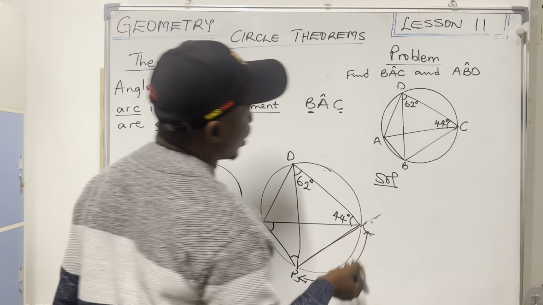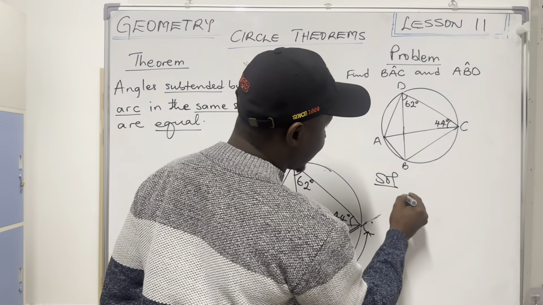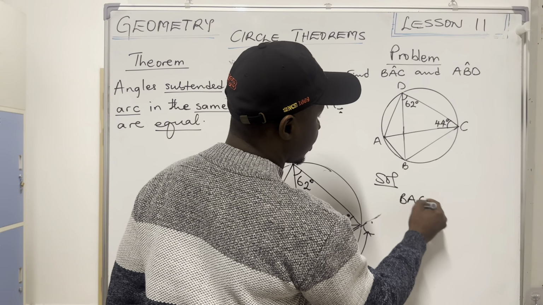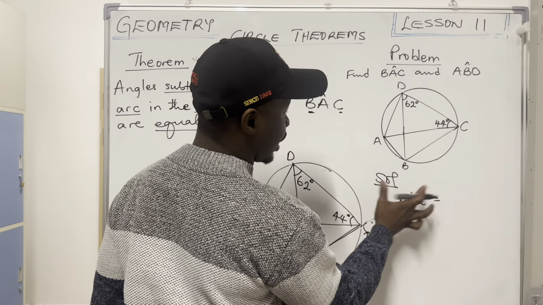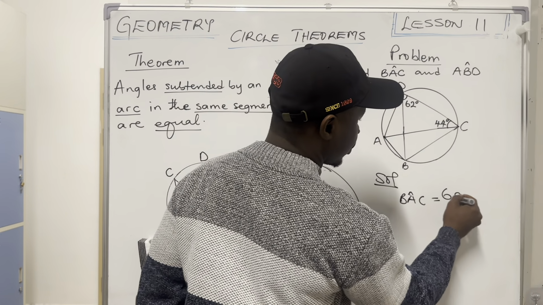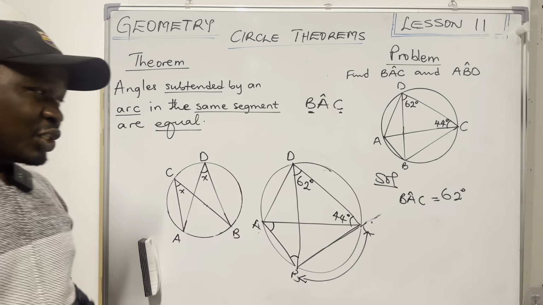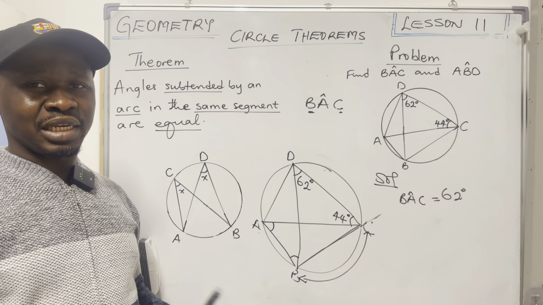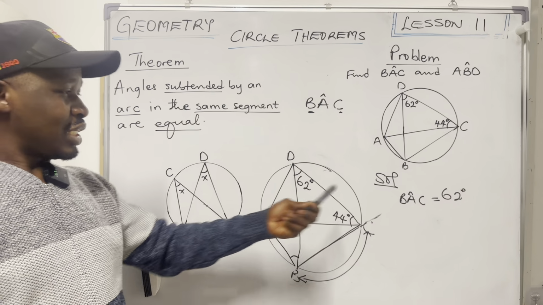All right. So now we say angle BAC is equal to 62.